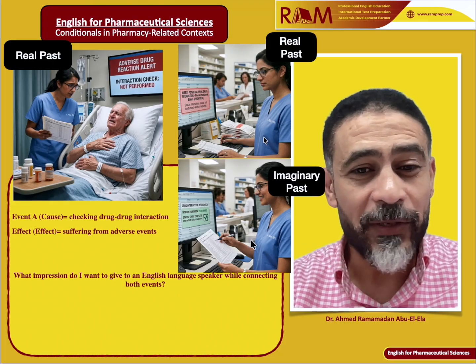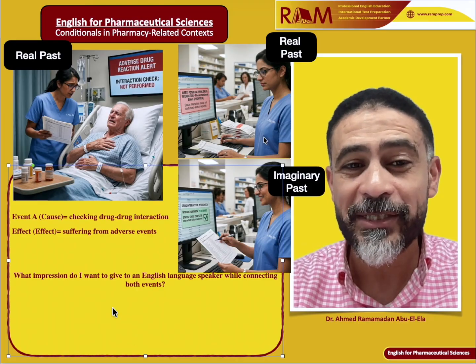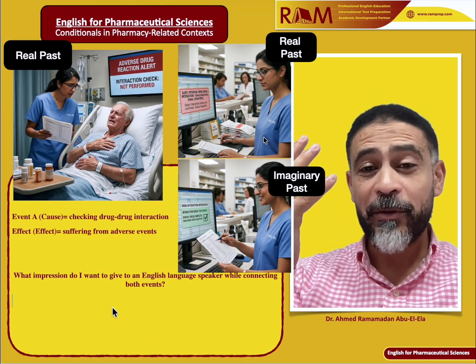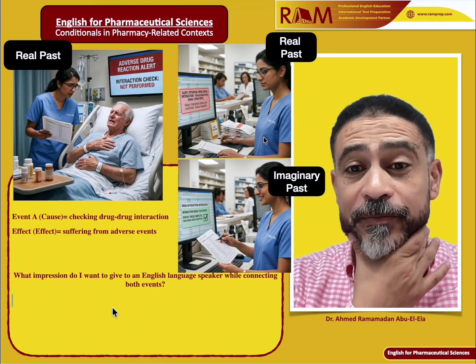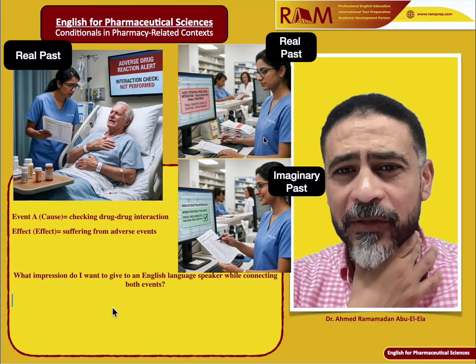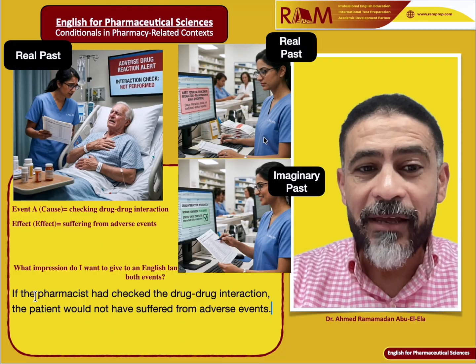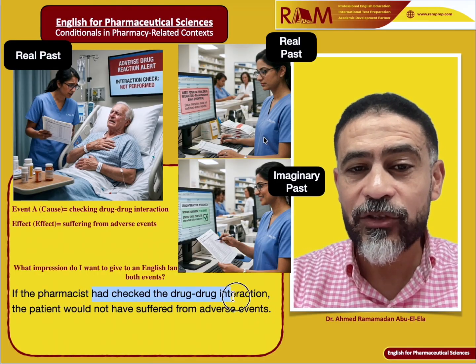In this case, I can use the if conditional to express my hypothetical idea or hypothetical expression about what happened in the past. I can say: if the pharmacist had checked the drug-drug interaction.